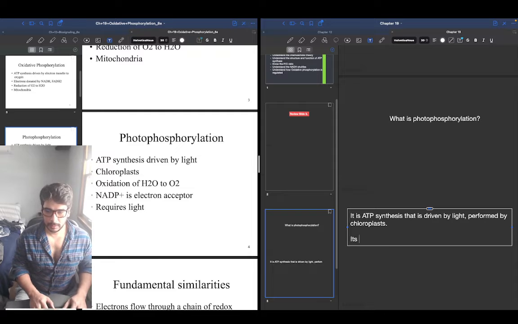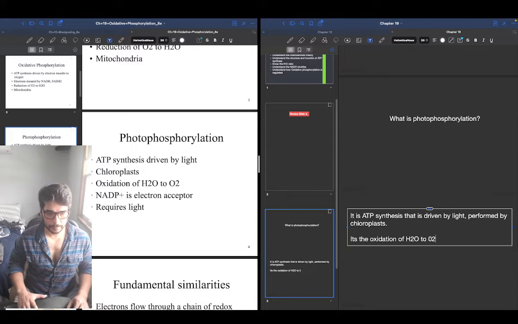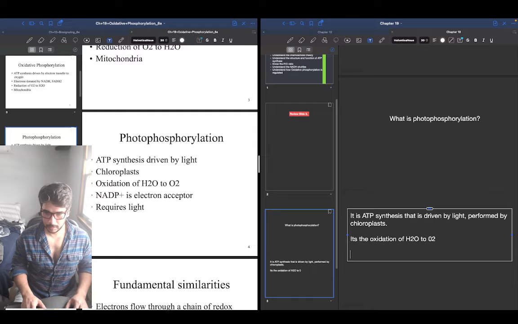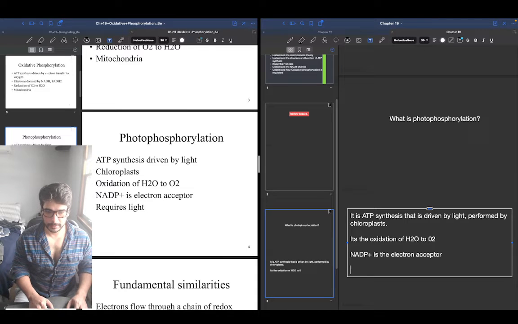It's the oxidation, my bad. Oxidation of H2O to O2, and NADP+ is the electron acceptor. Requires light. Light is required.